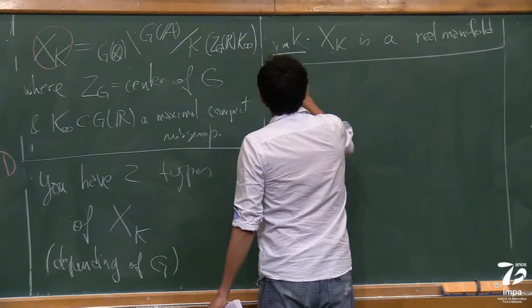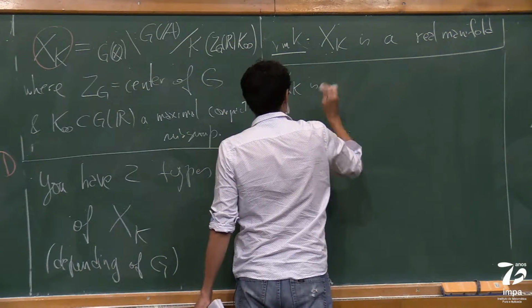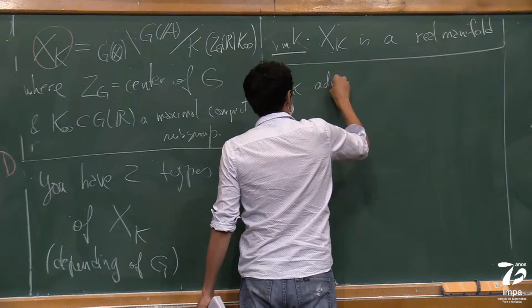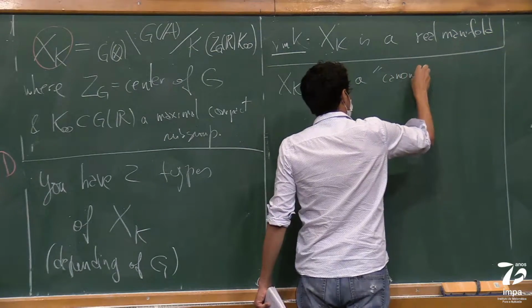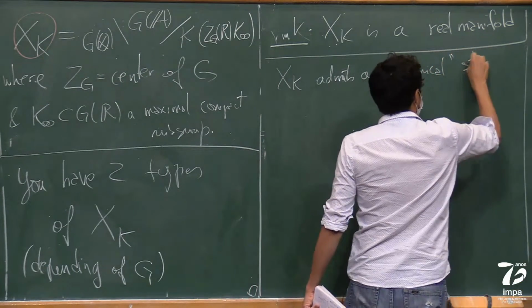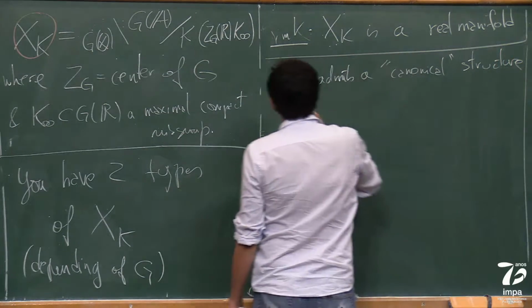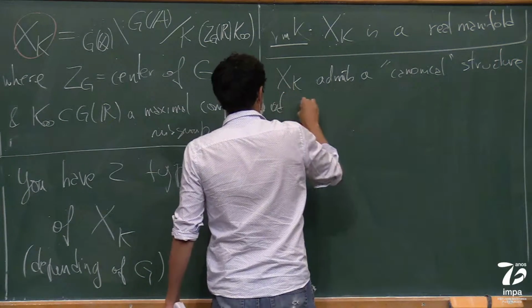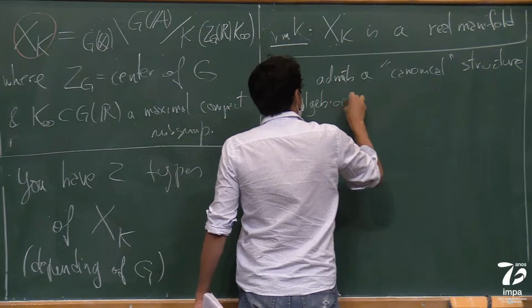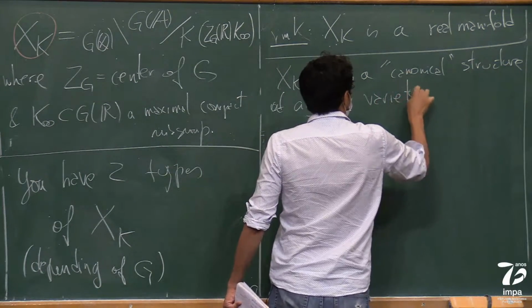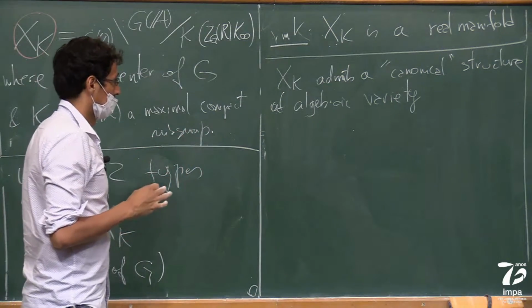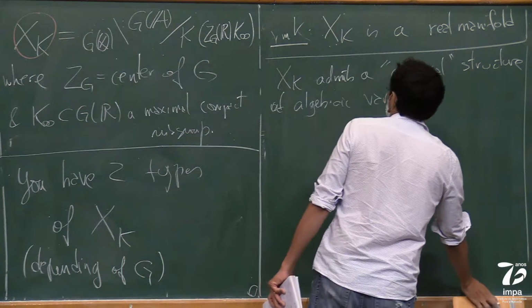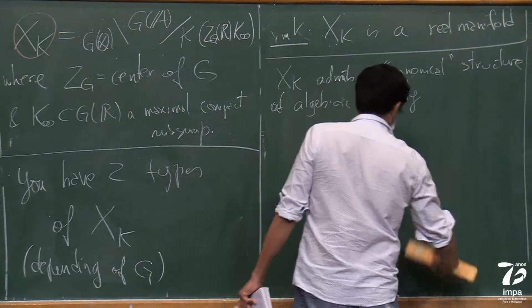One case is X_K admits a canonical structure of algebraic variety.